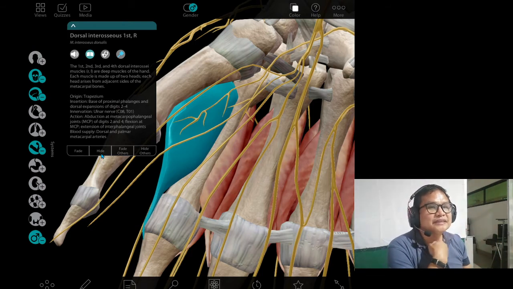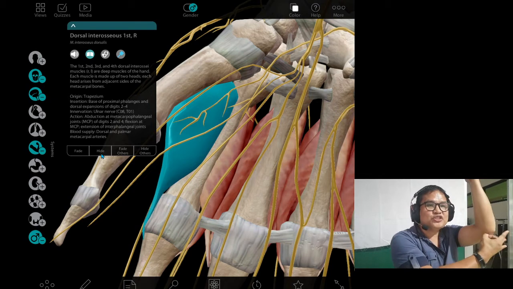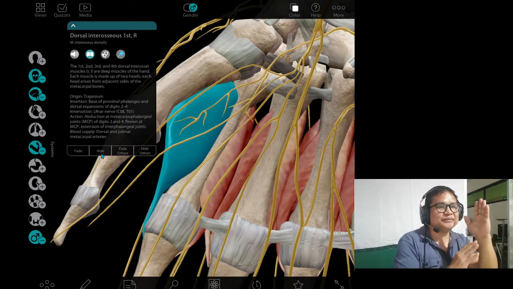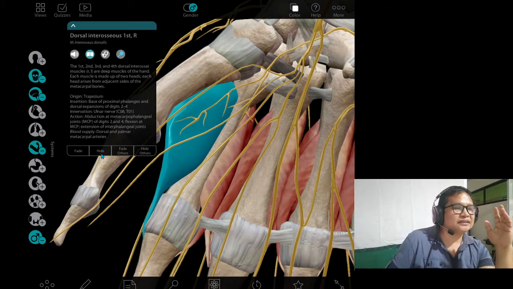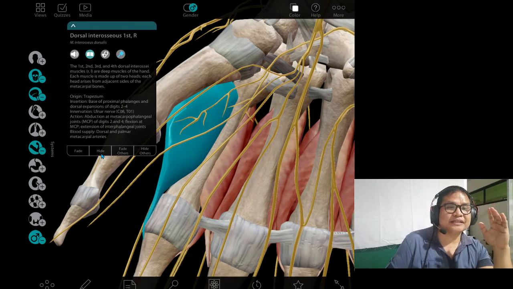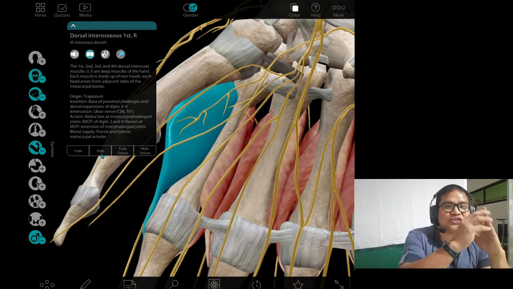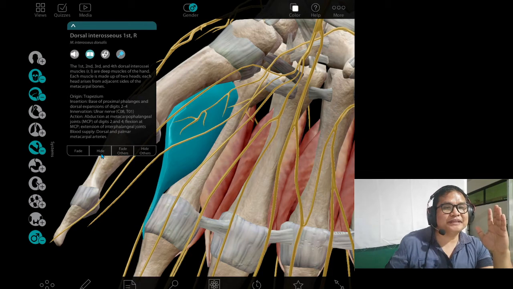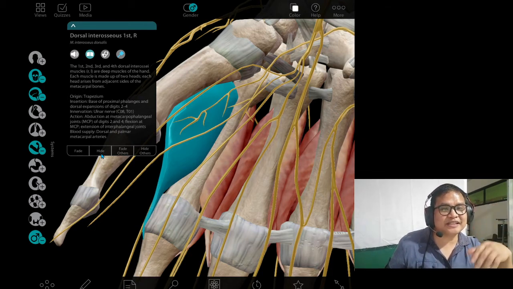You will have pain, because the ulnar nerve is affected. You will have paralysis of the muscles supplied by the ulnar nerve. So sometimes that will manifest as intrinsic plus and intrinsic minus.